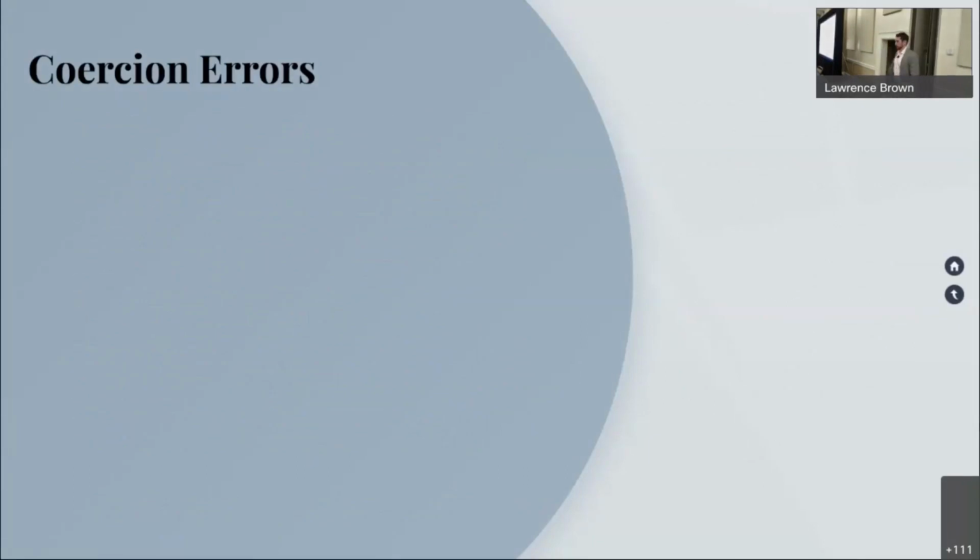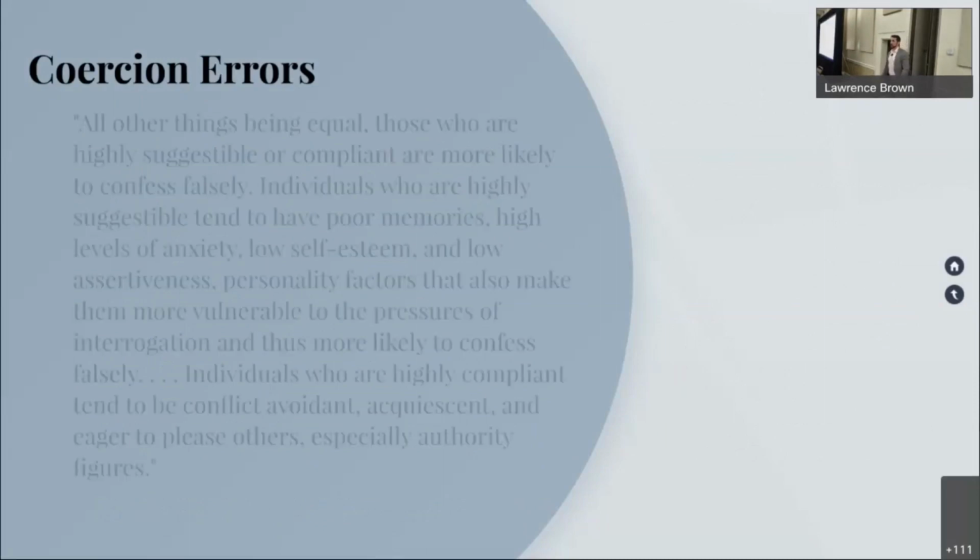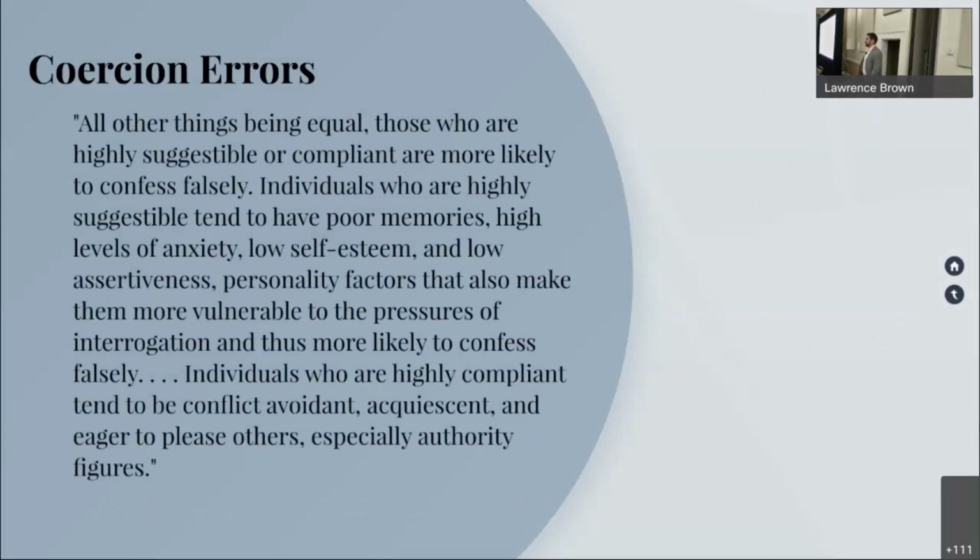And it gets worse, because we're talking about police investigations, so why wouldn't it get worse? It gets even worse when we're talking about vulnerable individuals, juveniles, people with mental health challenges, but not just the obvious. Individuals who have low self-esteem, a class that is not generally protected separately under law, or individuals who have some, I'll use the phrase that's in the study here, low assertiveness.